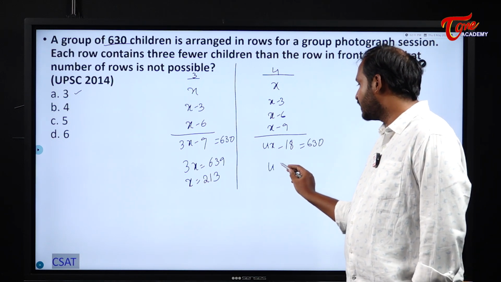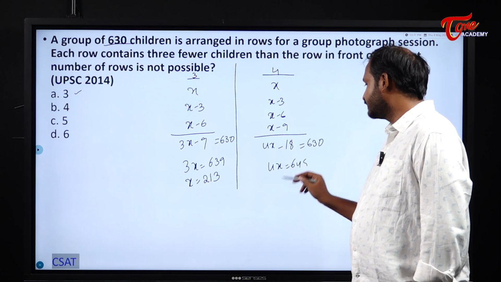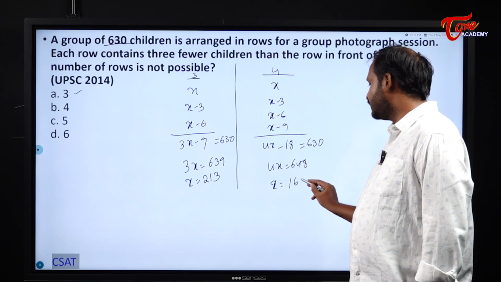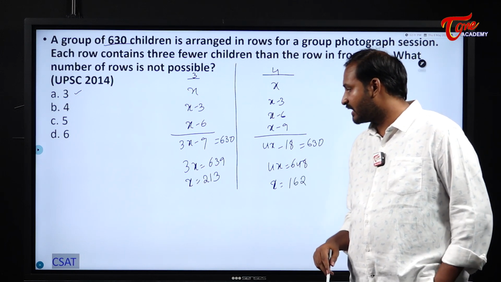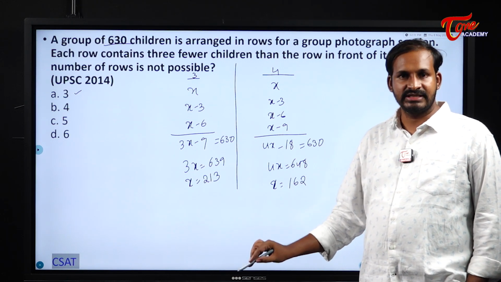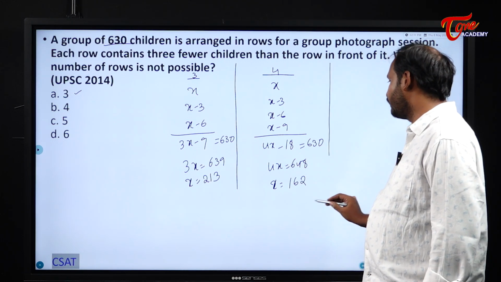So, 4x value will become 648. Then x value will become 162. That means in the first row I can have 162, next row 159, 156 and 153. Yes, there is a possibility for 4 also.